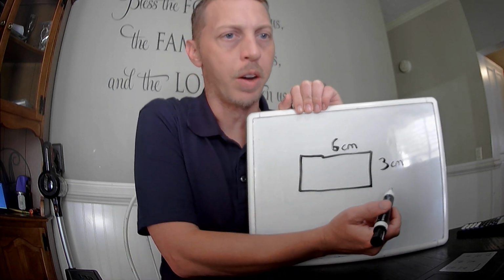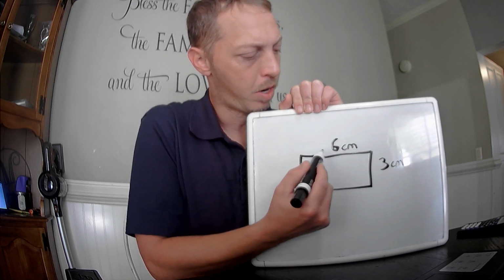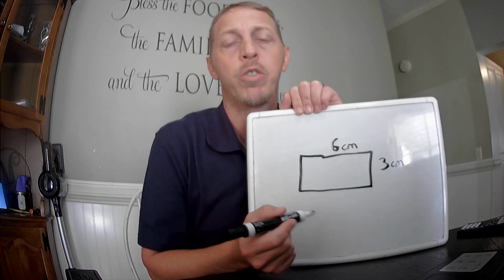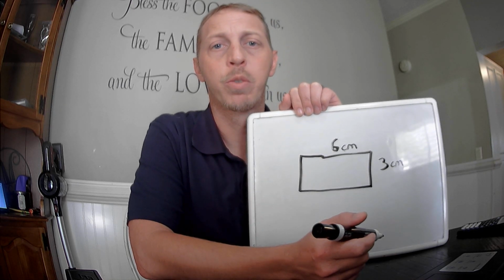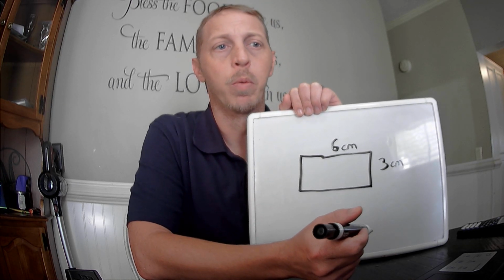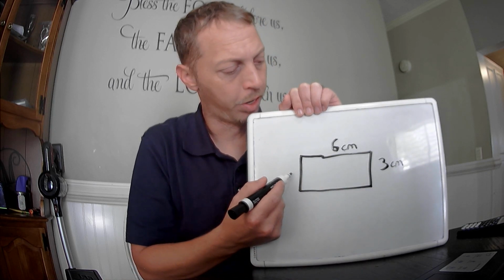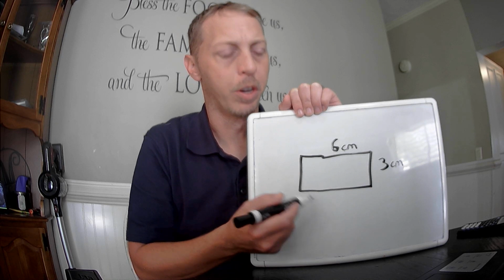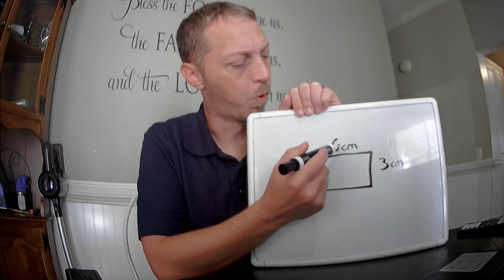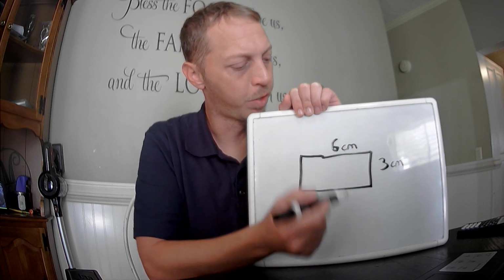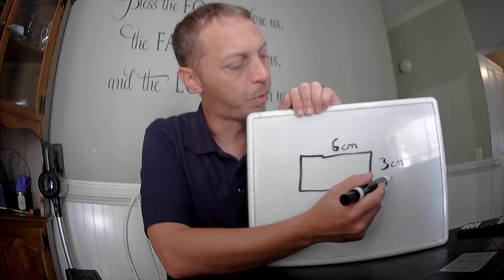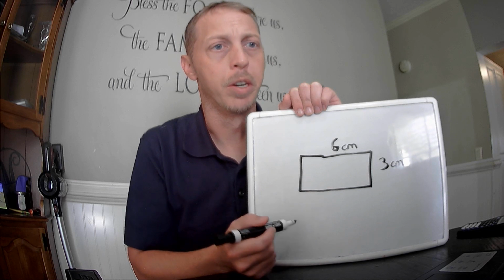On the side here you have 3. On the top here you have 6. What's important with rectangles and squares is you already know the length of the other side. If this is 6 centimeters, the opposite side is 6 centimeters. If this is 3 centimeters, the opposite side is 3 centimeters.